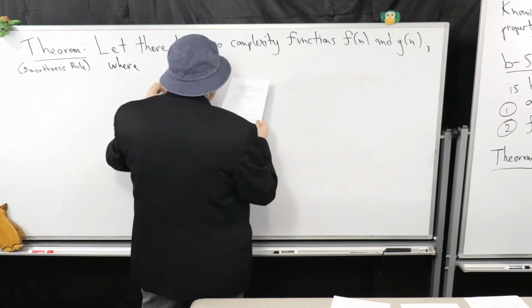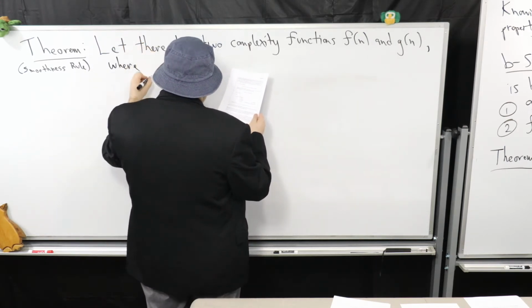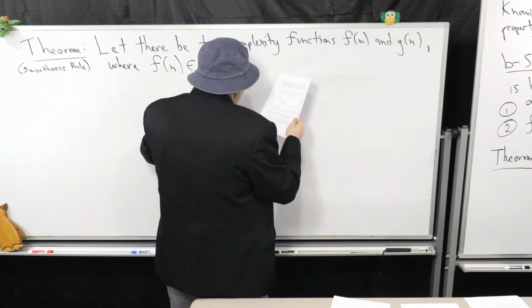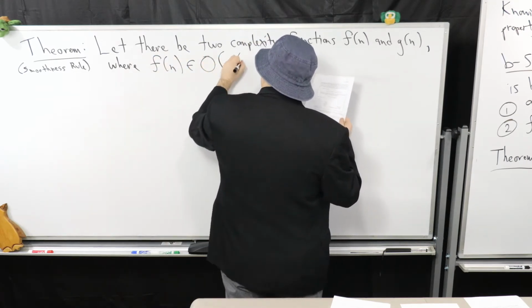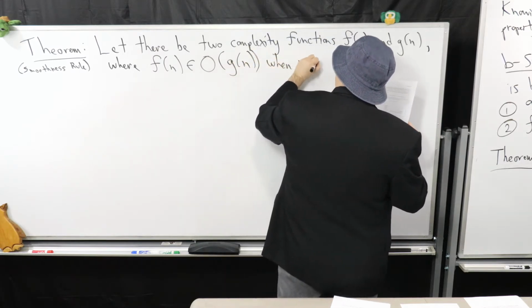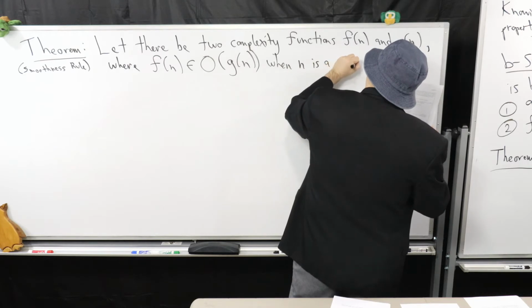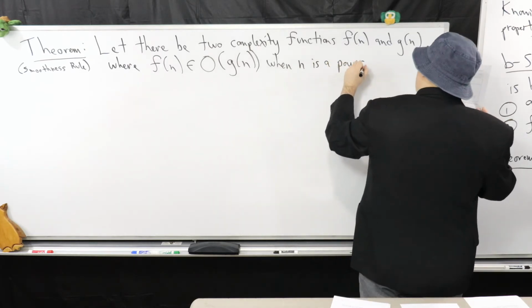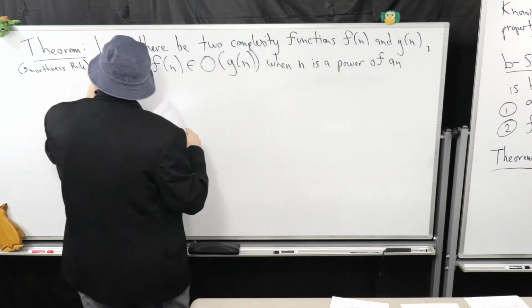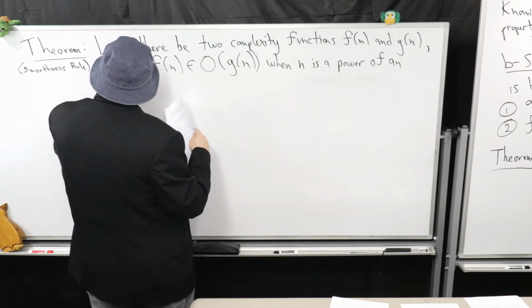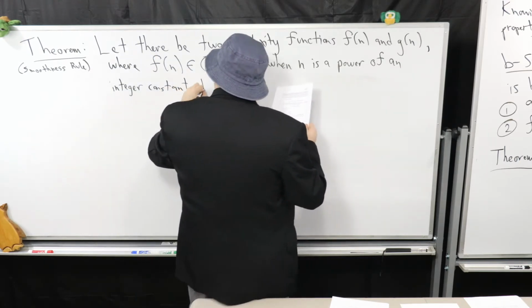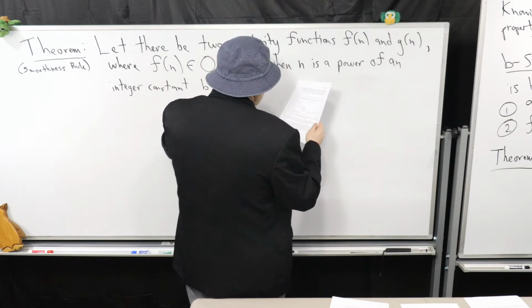Where f is in big O of g when n is a power of an integer constant b greater or equal to 2.